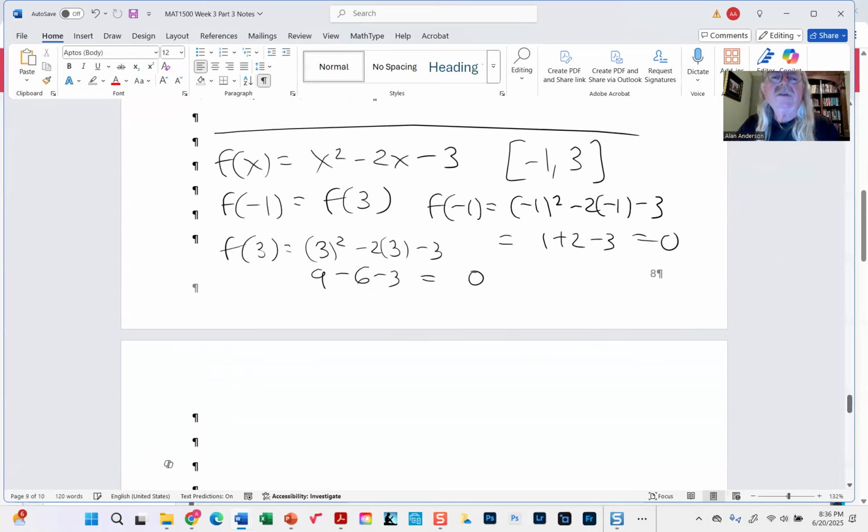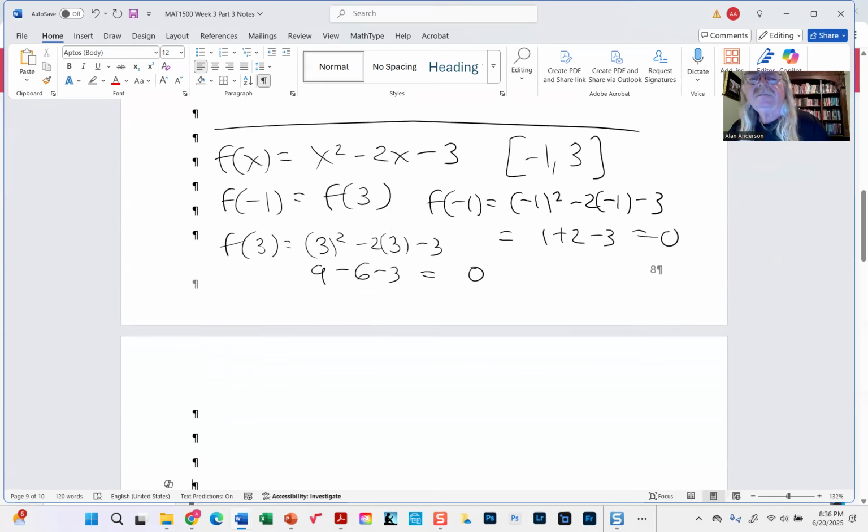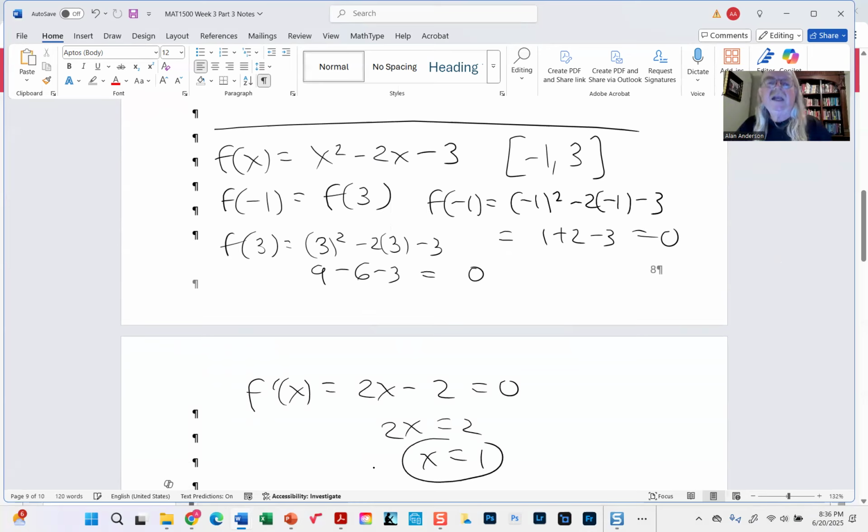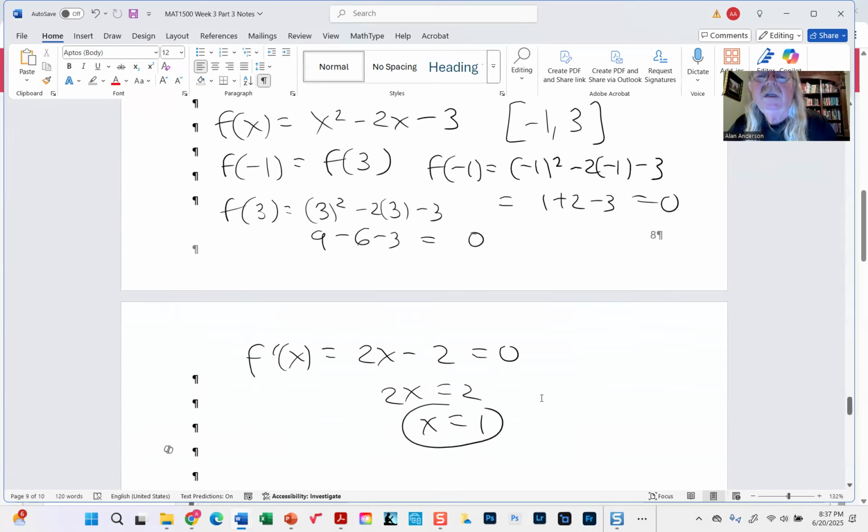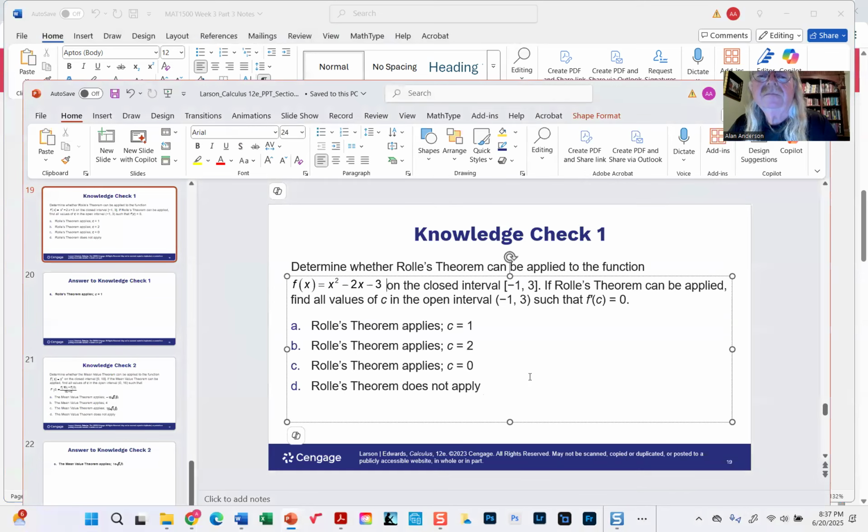Now what we want to do is find the points where we have a tangent line which is horizontal. And that would be x equals 1. So the answer is A.